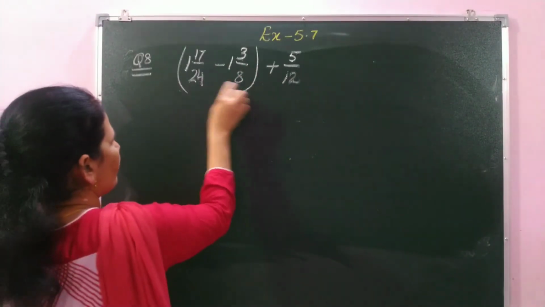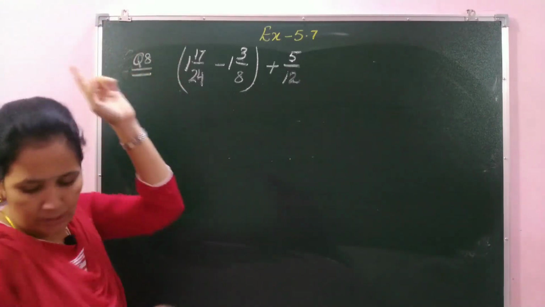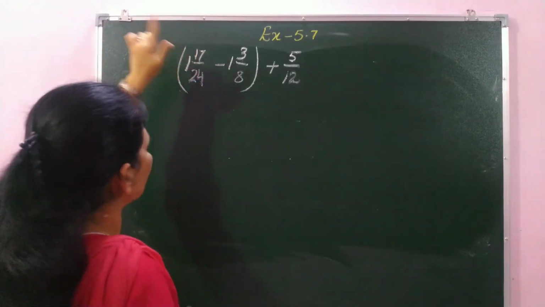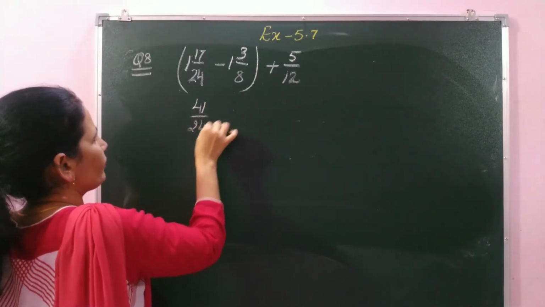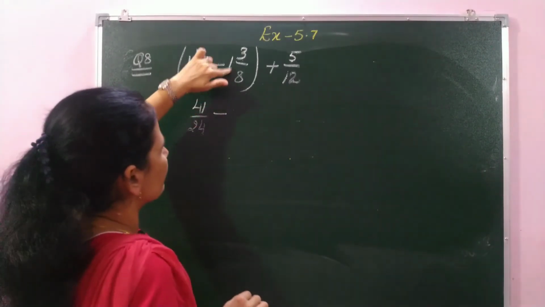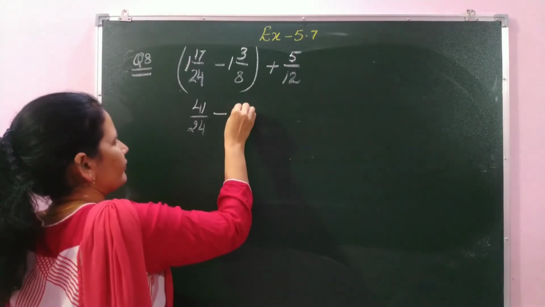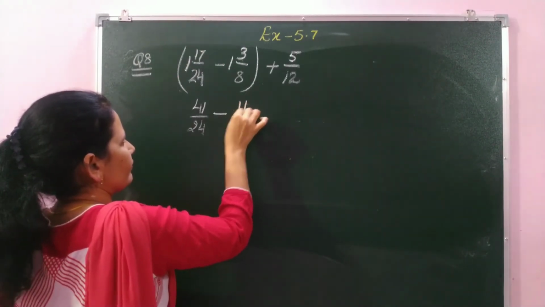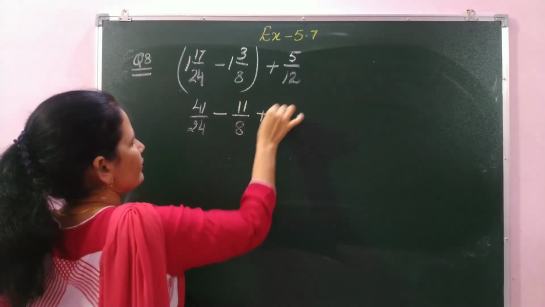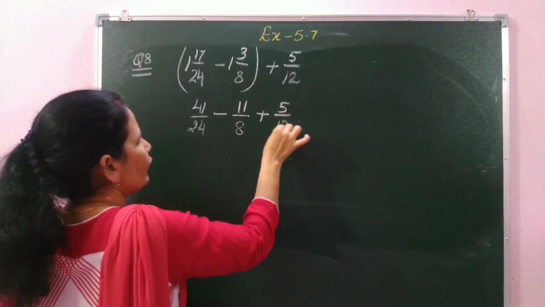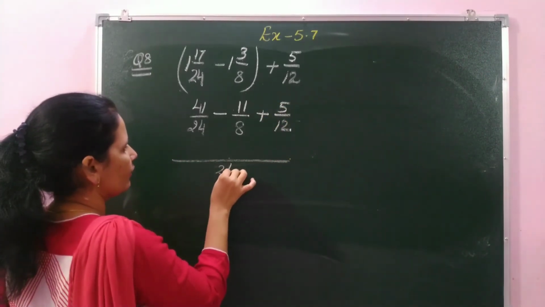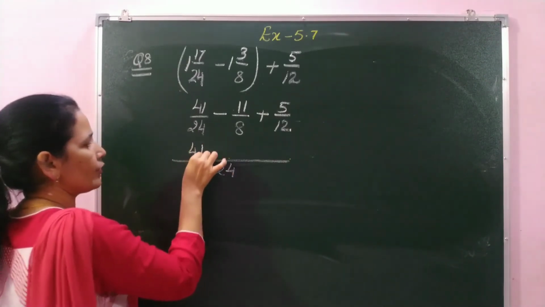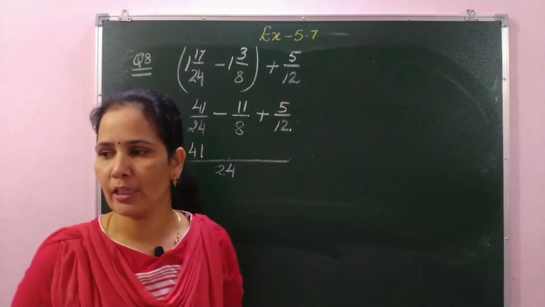So first of all, open the bracket. 24 1s are 24 and 24 plus 17, 41 by 24. 8 1s are 8, 9, 10, 11, so 11 by 8. Okay, and then plus 5 by 12. If we take the LCM from here, students, we get the LCM 24. 24 1s are 24, then 41 1s are 41.